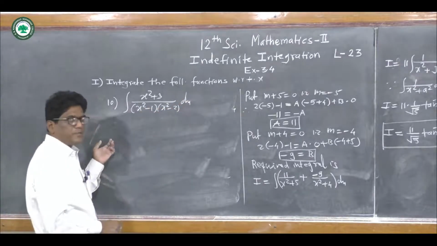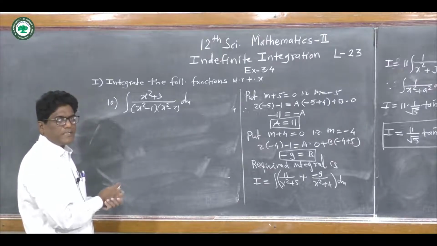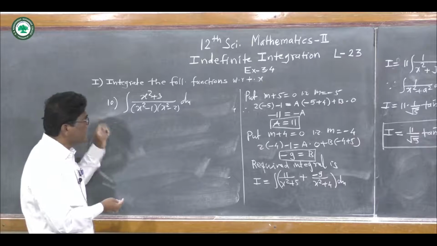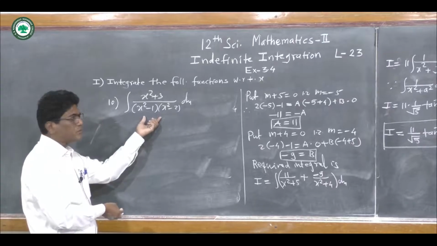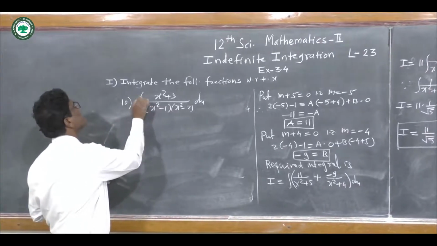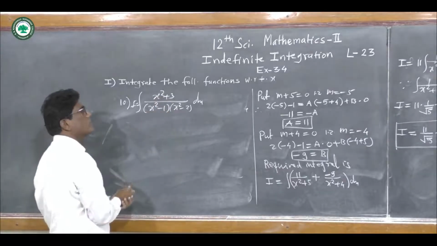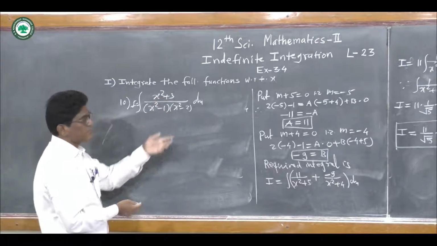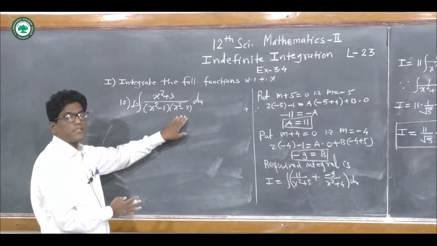Now using the 9th problem: in the 9th problem in the denominator there are no factors directly given, but in the 10th problem in the denominator we have been given factors. So we consider firstly this as I is equal to the given example, then consider x square plus 3 upon x square minus 1 into x square minus 2, and it is equal to a upon this factor plus b upon this factor.